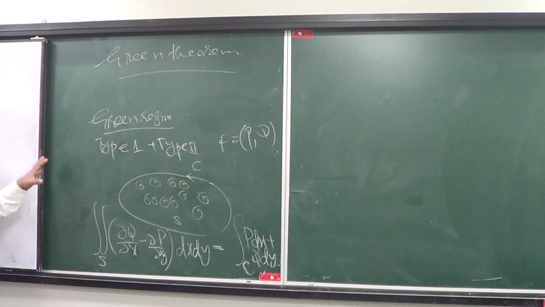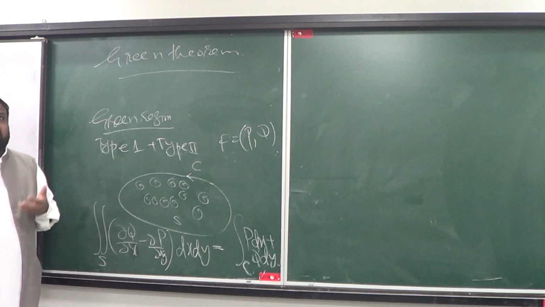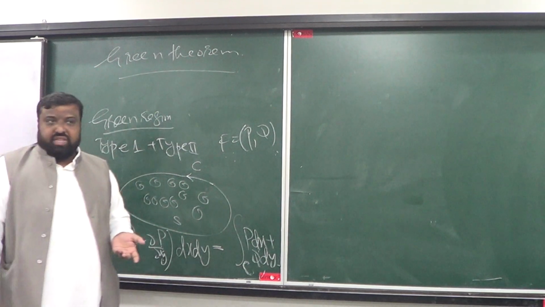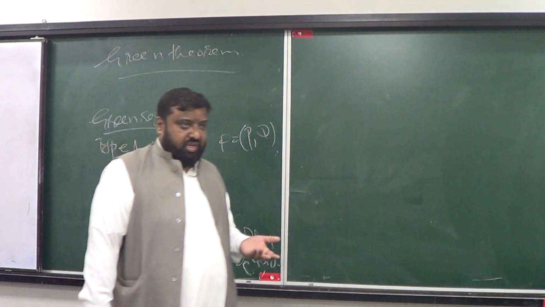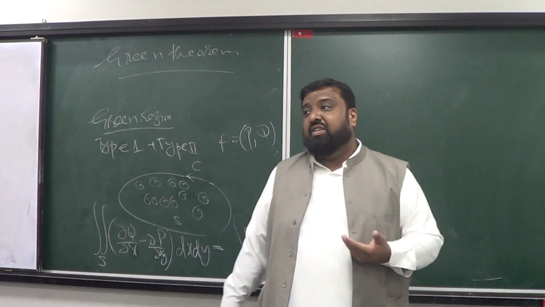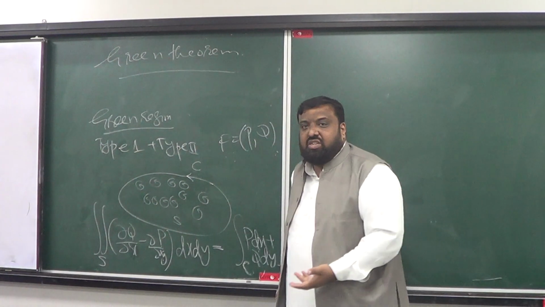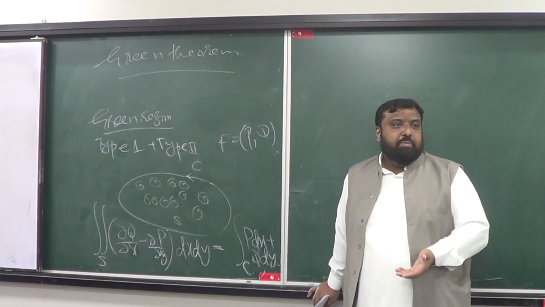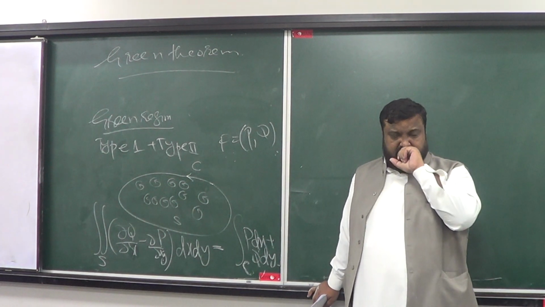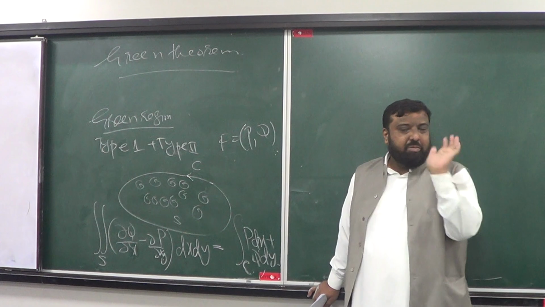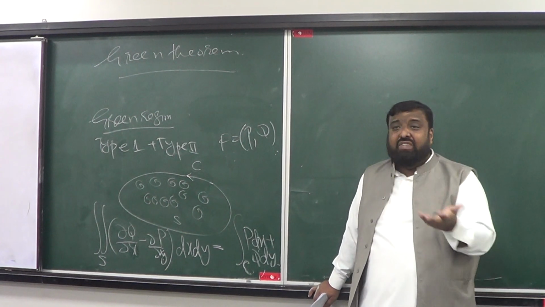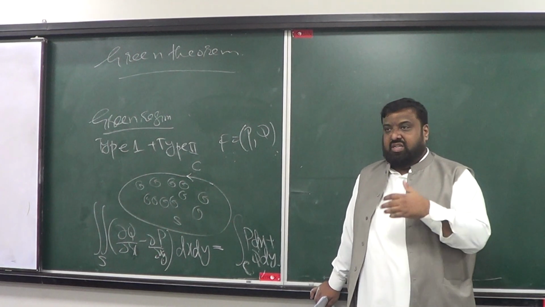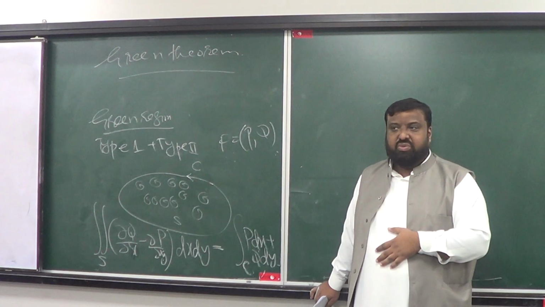Imagine I have a region which is only type 1, for example. Can I have Green's theorem here? Or a region which is only type 2, or a region which is neither type 1 nor type 2. Can we have it? The answer is, in some situations, yes, you can.